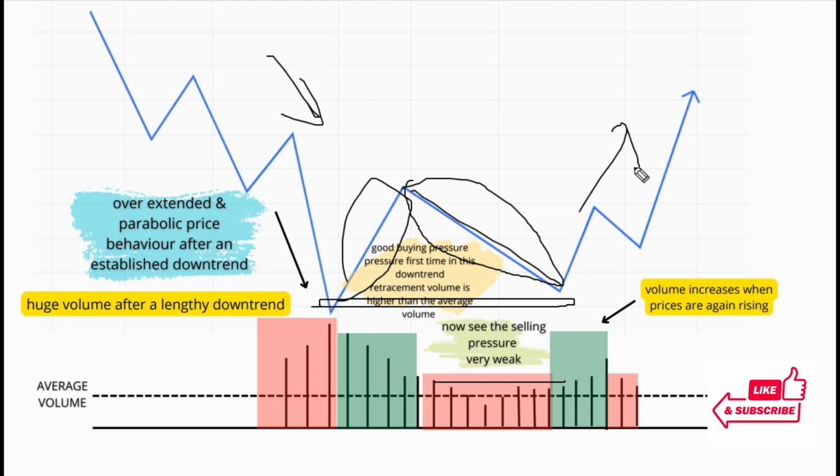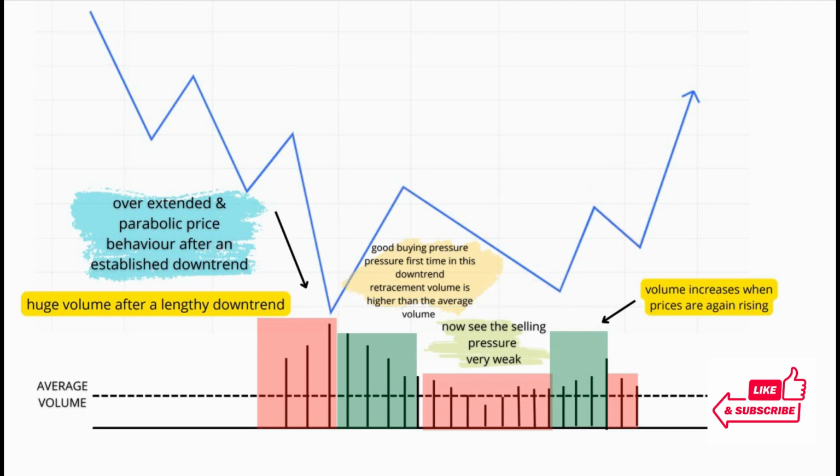So we could potentially look for buying opportunities in this area. See again the buying pressure high volume, selling pressure low volume. So you should combine market structure, price behavior analysis and volume, and then look for a potential entry in the markets. For now we are just analyzing the volume.